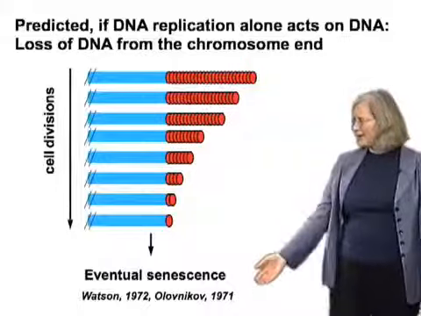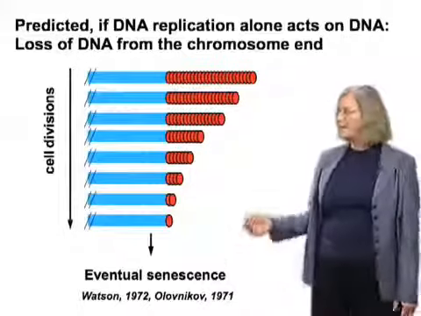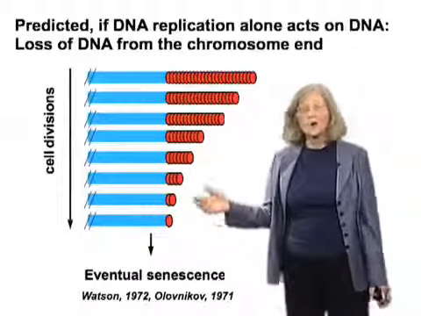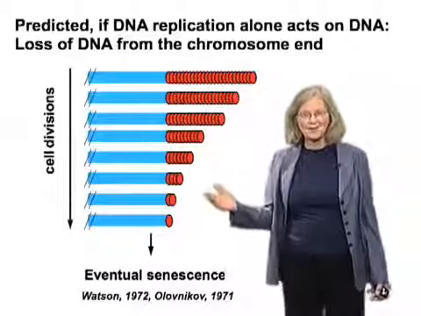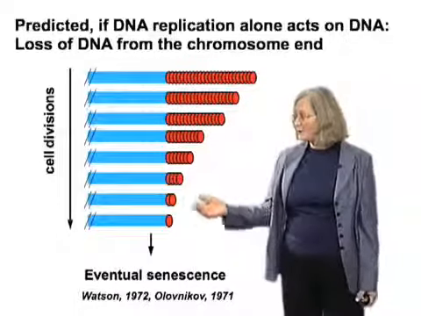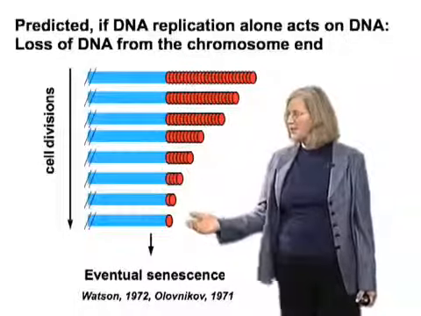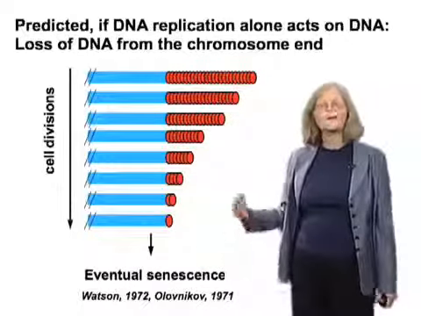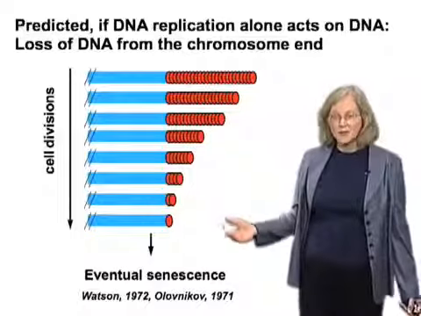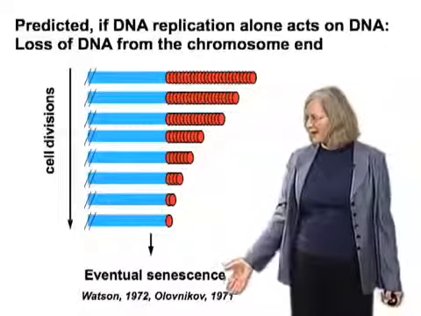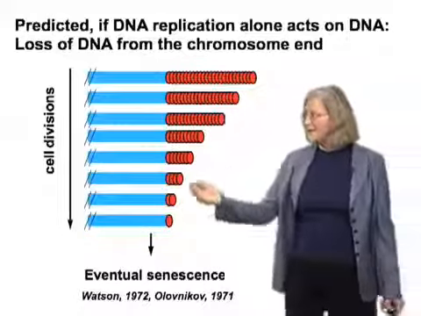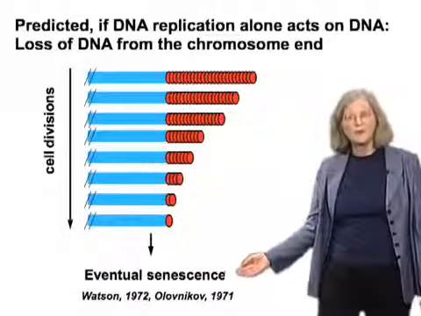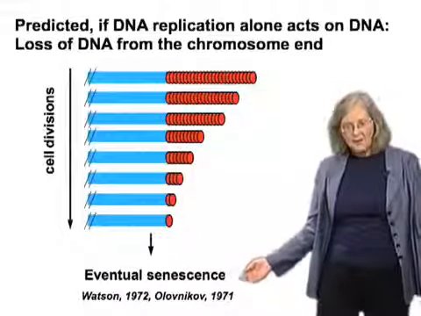And Olovnikov, around the same time, without knowing at that stage what the molecular nature of the terminal DNA was, proposed that perhaps such gradual loss could be something that underlies the eventual senescence of cells that is seen sometimes when, for example, human cells are grown in culture. This was a prescient idea because, in fact, it has been found to be one of the causes of why human cells cannot replicate themselves.